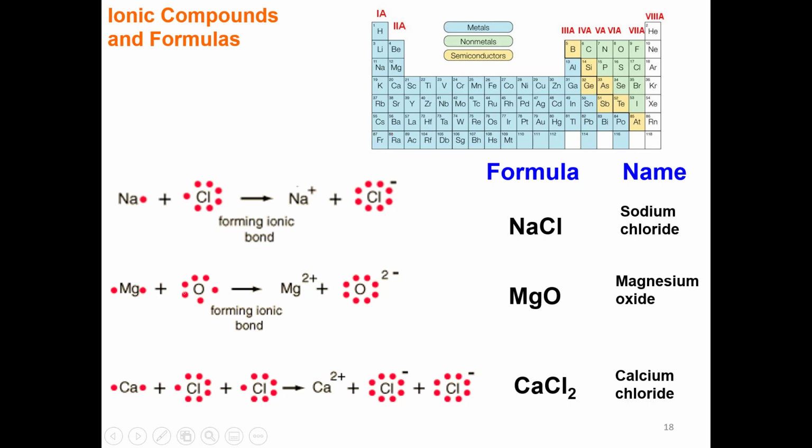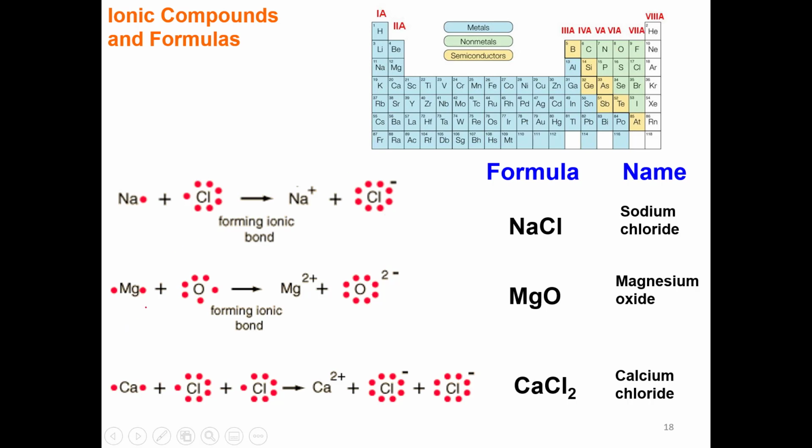And oxygen is in group number 6. Always we have one from the metal side and the other from the non-metal side, as in this case the oxygen. And oxygen has 1, 2, 3, 4, 5, 6 because it's in group number 6.